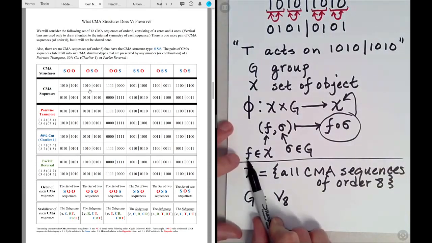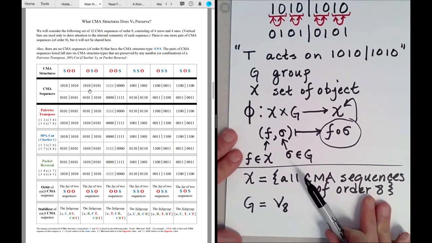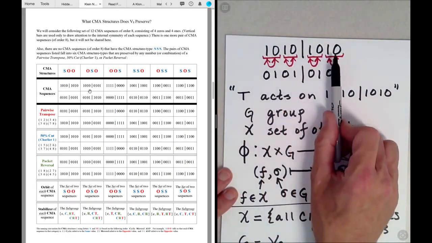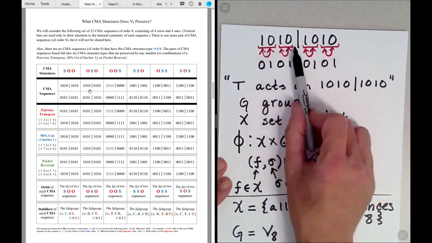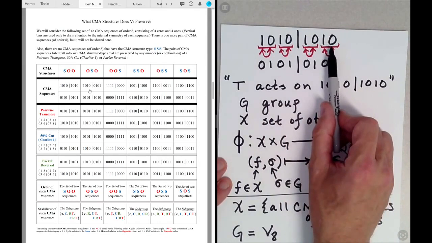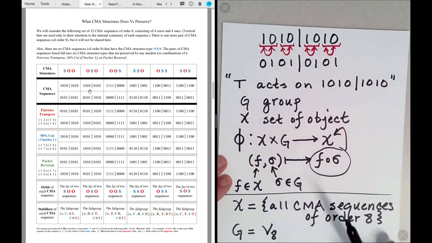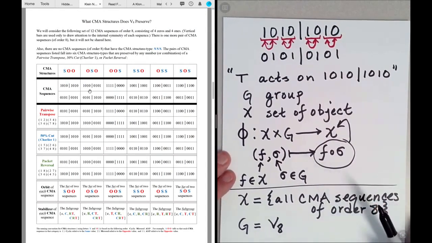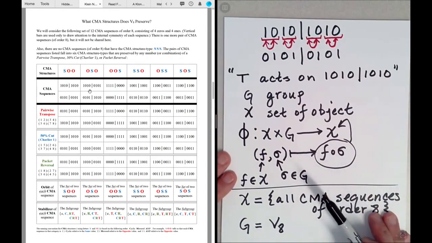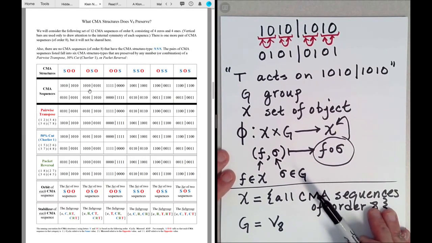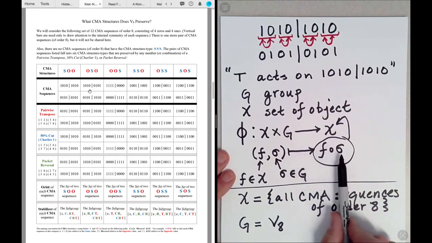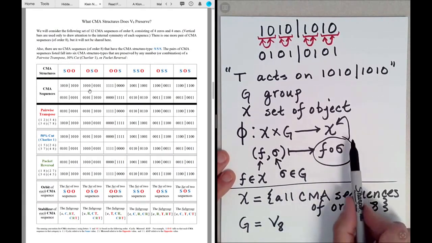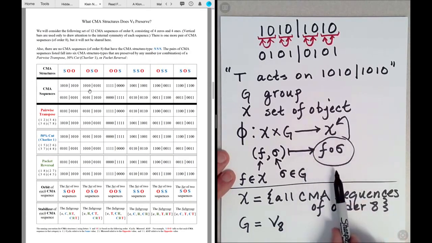Probably at this point, we need to unpack this again. If you remember, this is a compression of a fair amount of information. So here we have a CMA sequence. We're claiming that it's actually a function, and it's a function whose domain and range is such that when we compose it with this permutation, that's a member of V8, everything that we want to be true will be true.